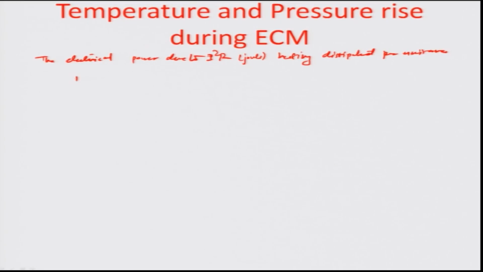So, obviously, I is the current, and R is the resistance of the medium.